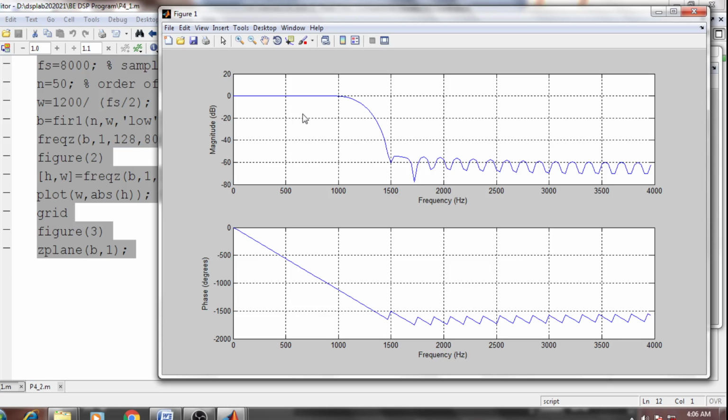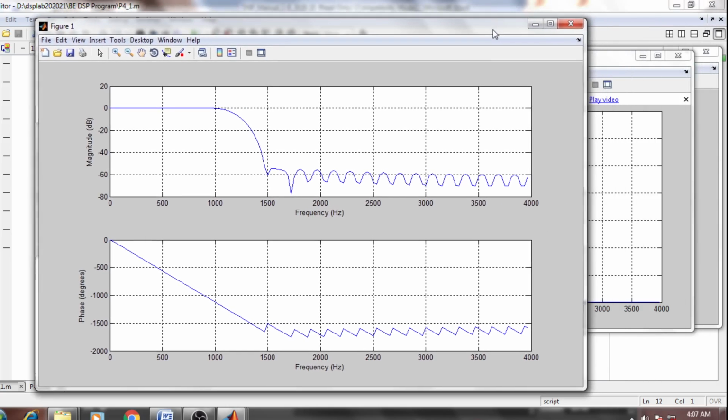So you see the pass band and the stop band are achieved. Similarly, side by side below, you can see the phase plot. The phase diagram is shown in the lower diagram. This way you can see the first graph.